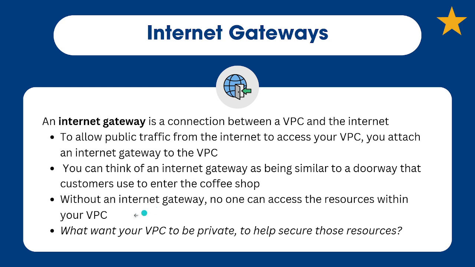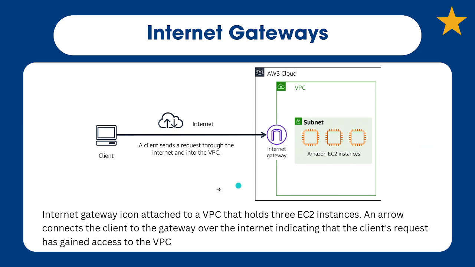So what if you want your VPC to be private? You've got to fix that to help secure those resources. Maybe you don't want a gateway right to the public internet. Maybe you want it to be private. But here's an example before we talk about the private one. There's an internet gateway icon here, right? And that's the bridge between your VPC and the public internet. The gateway icon is attached to a VPC, here on the right, that holds 3 EC2 instances.